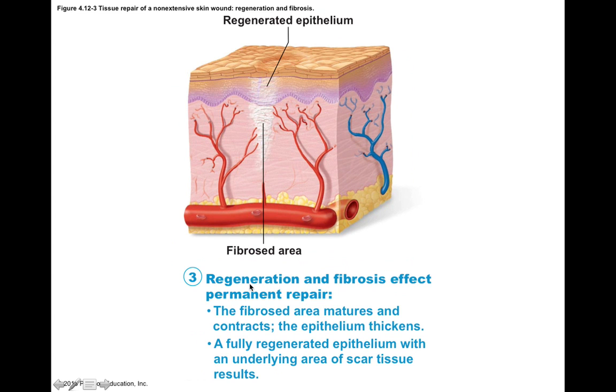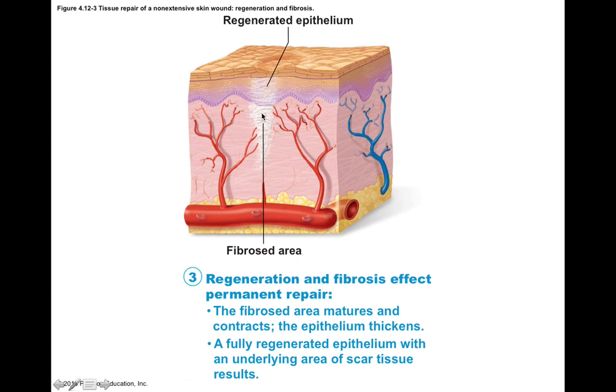Now the last step here is regeneration and fibrosis that eventually lead to the formation of scar tissue. So we have regeneration of the epithelium, regeneration of the underlying connective tissue. The reason why we call this a scar is that the new tissue isn't well formed with the surrounding tissue, so it's going to have its own characteristics structurally.